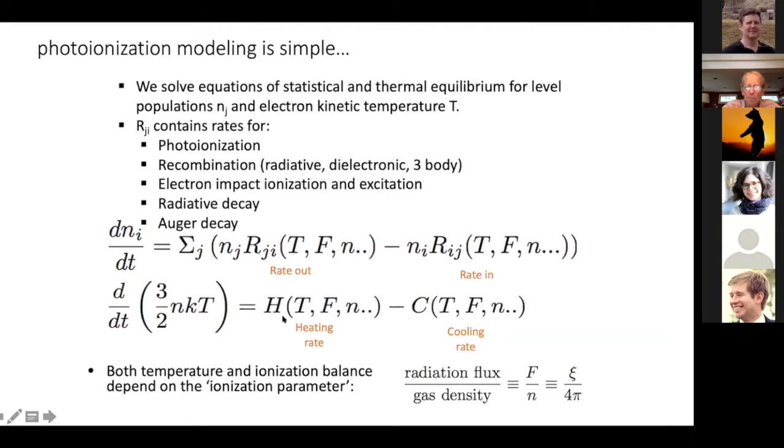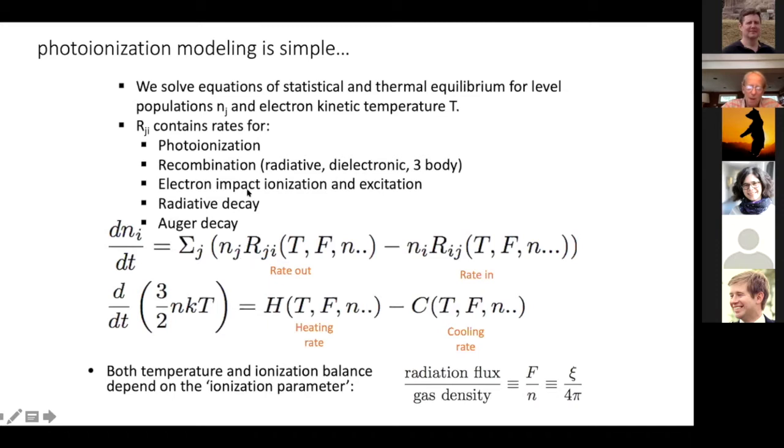However, there still is an important free parameter, and that's the ionization parameter. It turns out to be the ratio of the ionizing flux to the gas density.